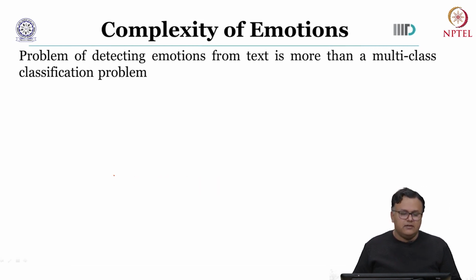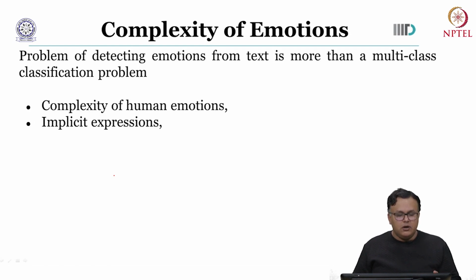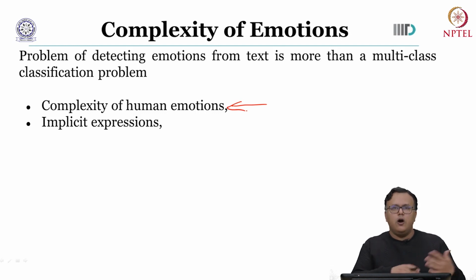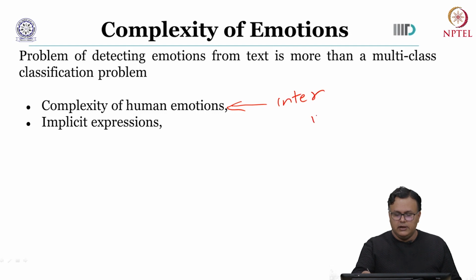Now, in the same direction, friends, the problem of detecting emotions from text is a multi-class classification problem. This is simply because there is so much complexity of human emotion, how people are presenting emotion, what they speak, how they speak. Of course, this is all about the inter and intra subject variability.